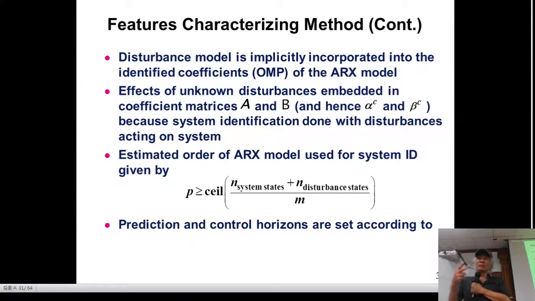If you want to pick 2, fine with me; 3 is good too; 4 is okay. It's up to you. Picking 2 is the minimum and easier to solve. Picking 3 is a little more complicated because your V matrix will be larger.